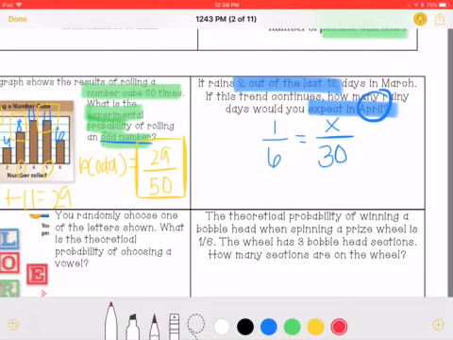I know there's all my cross multiplication kings and queens out there. Go ahead and do that if you like that. Or those that might see some sort of connection like I'm seeing here. I know that 5 times 6 is 30. So what's 1 times 5? That would give us 5. So we would expect it to rain 5 days in April.